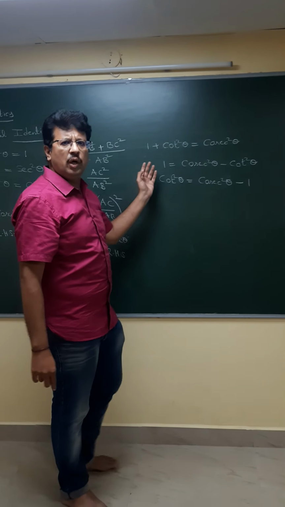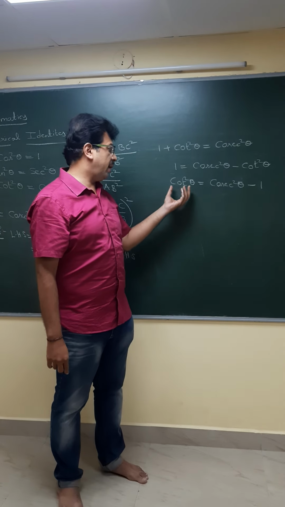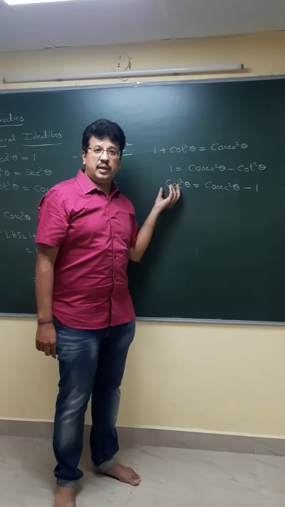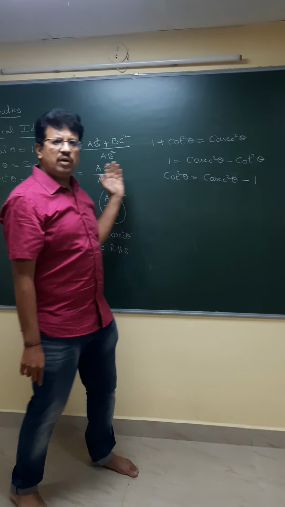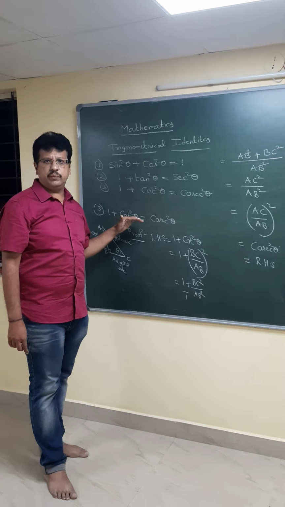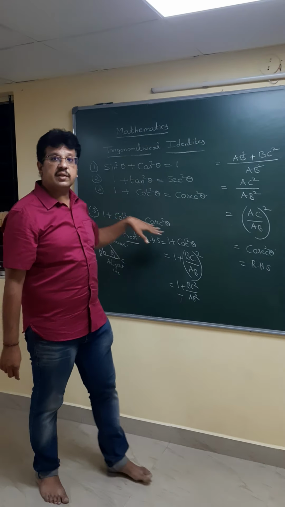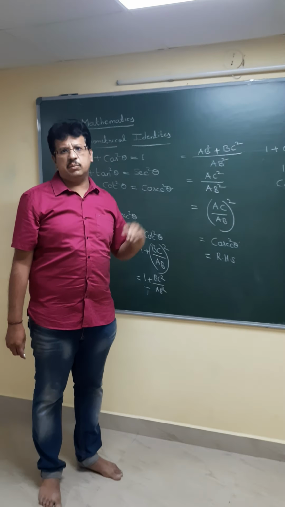This is also a very important identity, because sometimes while solving the sums, cot square theta can be written as cosec square theta minus 1. So, children, you learned all these three identities with the proof. If you are thorough with these identities, I think you can solve many sums.